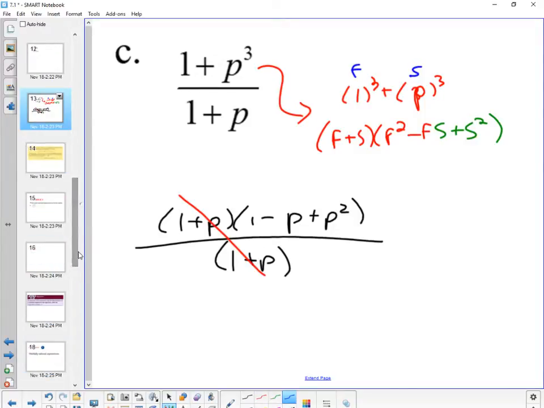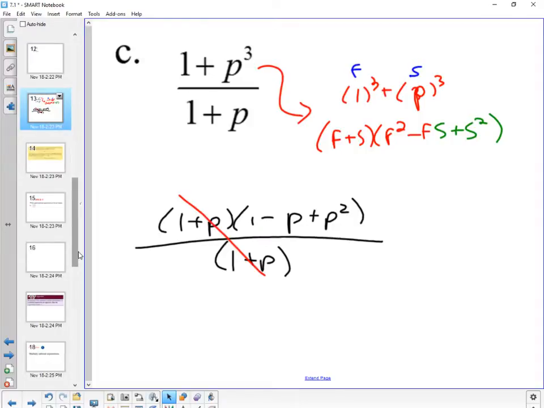Wait. So wait, did it equal 0? No, this. 1 minus p plus p squared. How is that the denominator? No, that's the numerator. The denominator made 1 with this piece. Oh, it made 1. Yeah. So wait, can you write it in the parentheses? I would leave it that way.